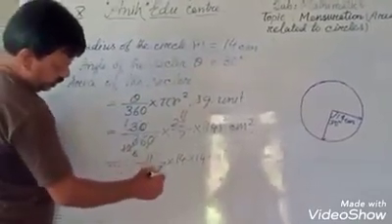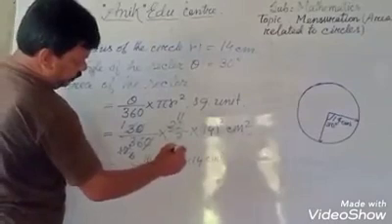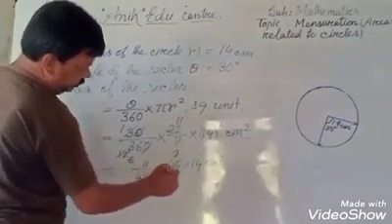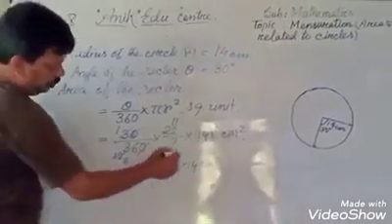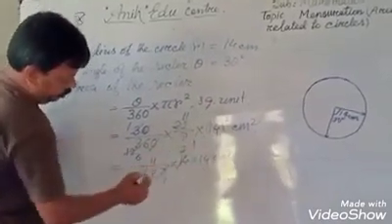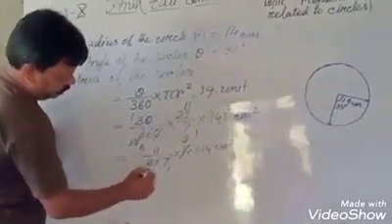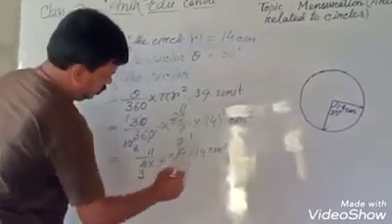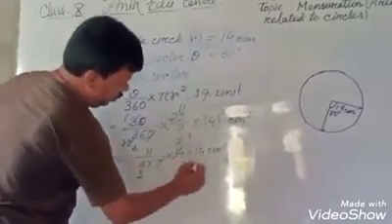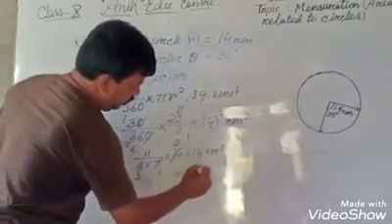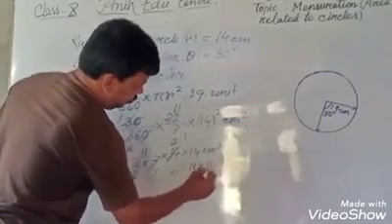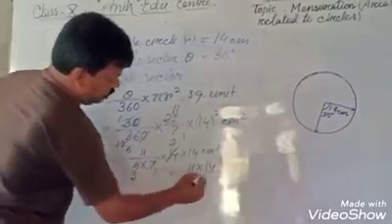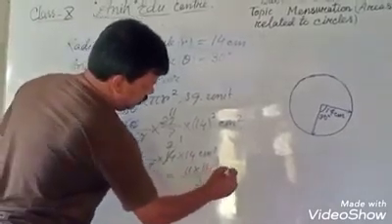Now divide. 7 1s are 7, 7 2s are 14, 2 1s are 2, 2 3s are 6, and we get in numerator 11 into 14 divided by 3 centimeter square.